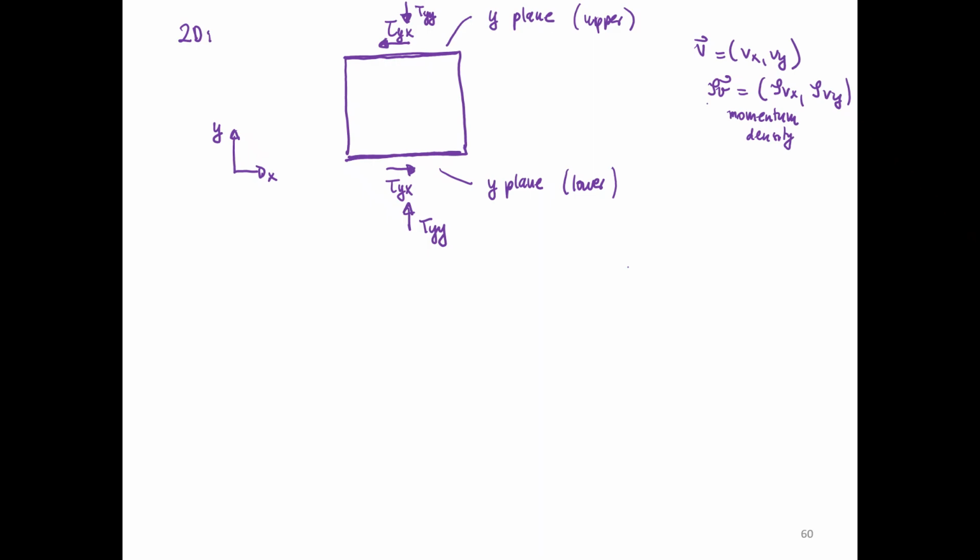And the sign convention changes now, so my tau yx nominally points in an opposite direction, because from the coordinate standpoint, here the fluid was below the object and had lower y coordinates, right?